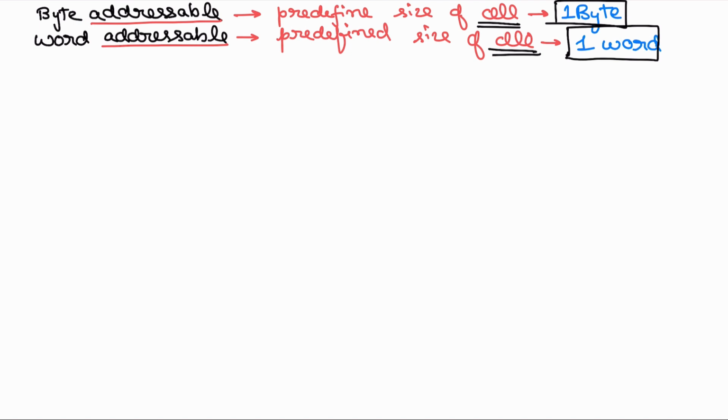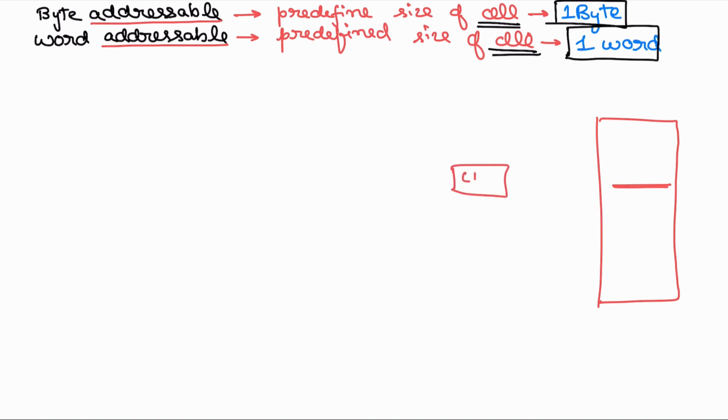For example, we have a main memory here and content is present somewhere, and the CPU wants to fetch a value. If it wants to fetch the value 5, it must know where exactly this 5 is located in main memory, right?